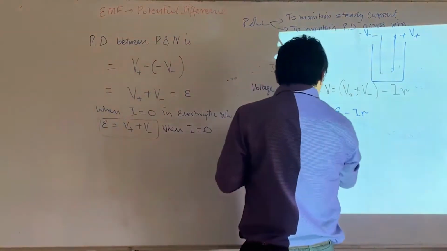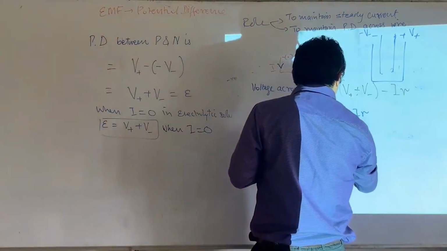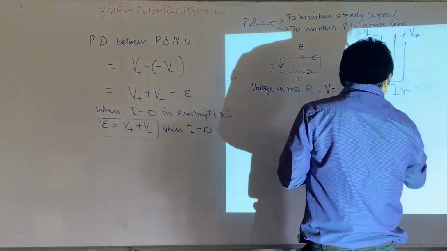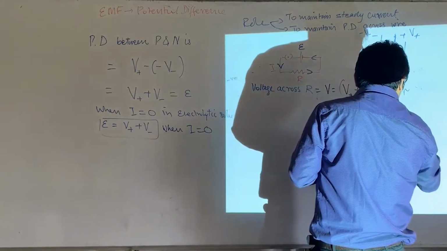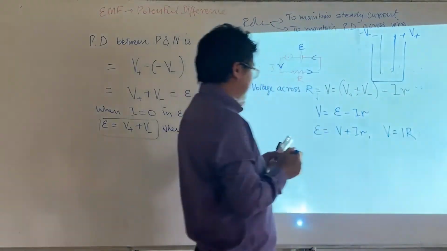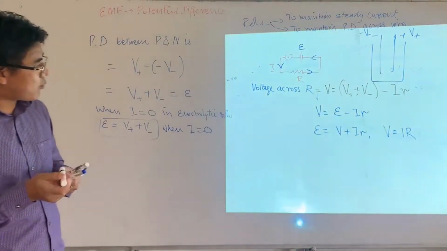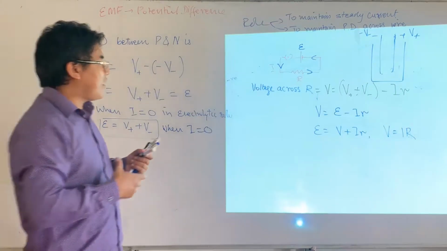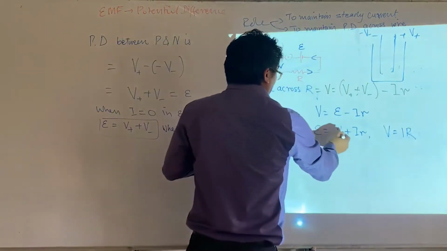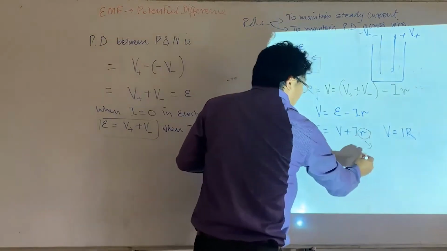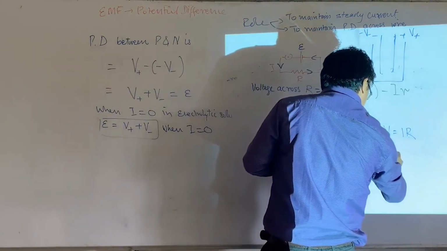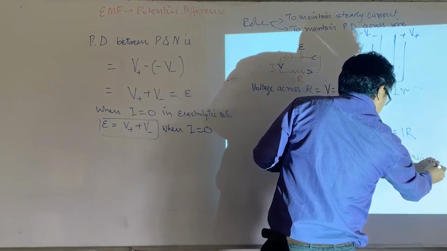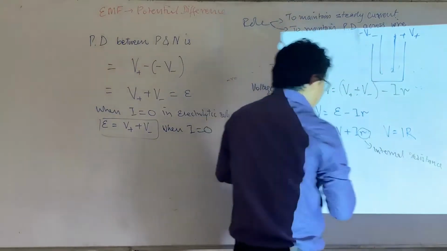So what is going to be EMF? EMF is going to be V plus Ir. What is V? V is the voltage across the resistor. Now this small r is what we call internal resistance.